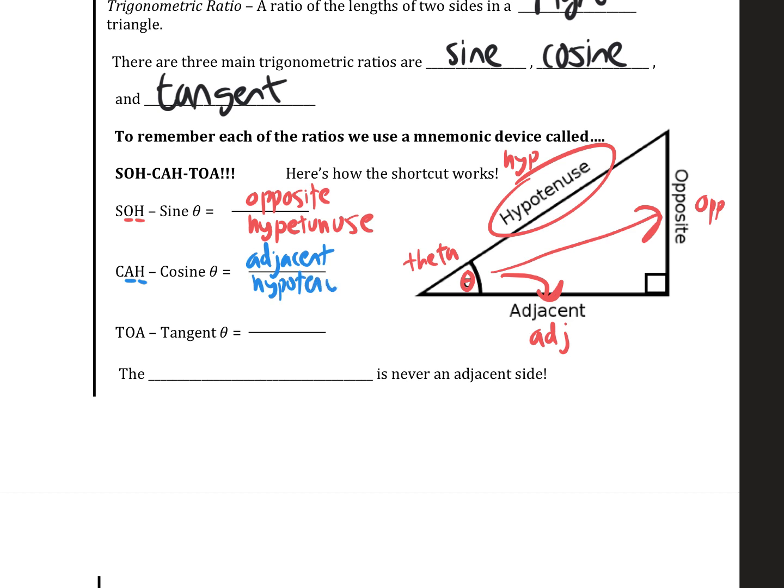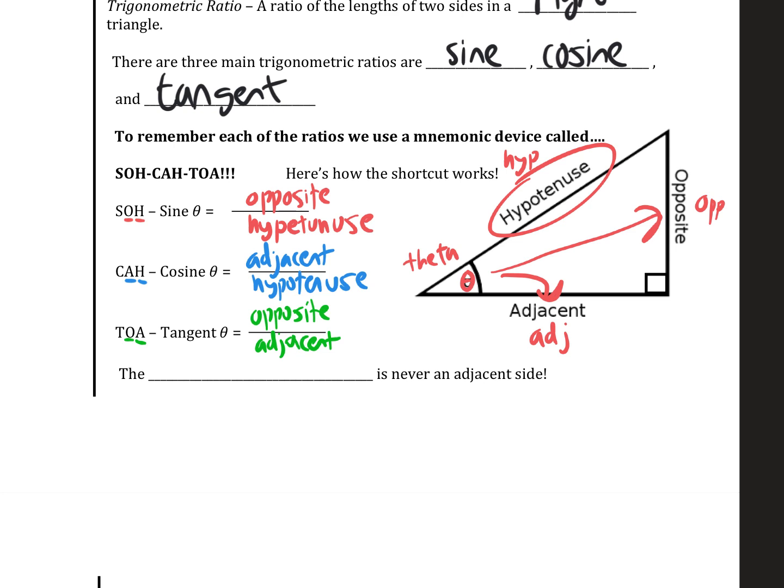It's literally in the SOHCAHTOA. What do you think tangent's going to be? It's going to be opposite over adjacent. The benefit of learning that acronym is you never have to memorize the ratios. It just spells it out for you.